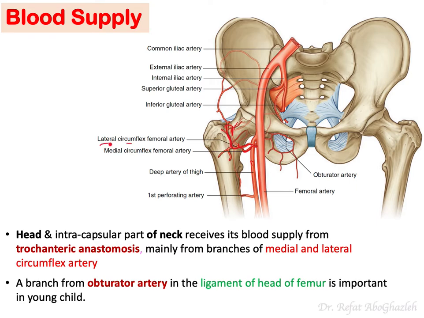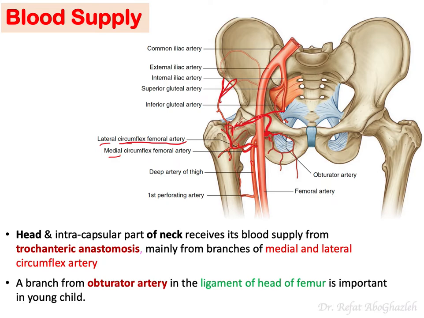So you have the lateral and medial circumflex femoral arteries with the help of the superior gluteal artery and inferior gluteal artery, which are branches of the internal iliac artery, as you see. Plus, the obturator artery here also gives an articular branch that passes through the acetabular foramen.